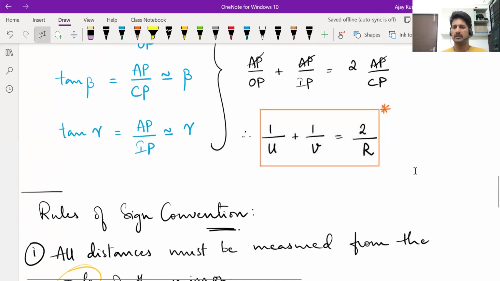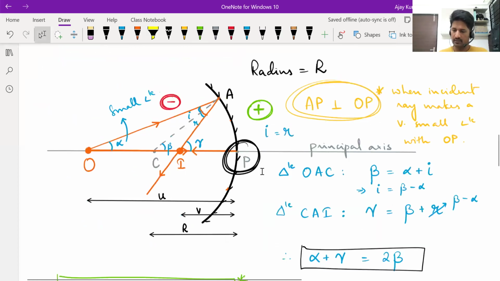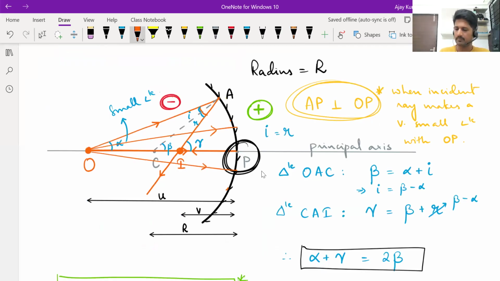Okay, but remember this formula is valid under this assumption: A is very close to P. Now, if A is very close to P, it means all the incident rays are very close to the principal axis. Such rays are called paraxial rays.